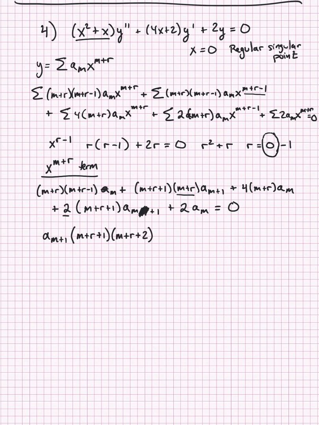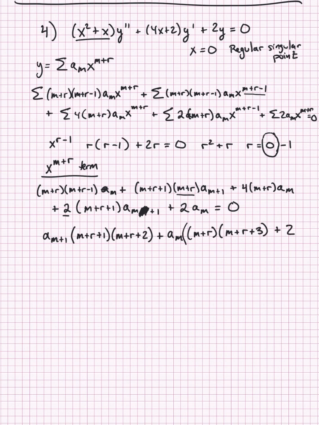Now, on the other hand, for a_m, we're getting plus a_m. Here I have an m plus r, which I can pull out for the first two terms, so I get (m plus r)(m plus r plus 3) and then plus 2.